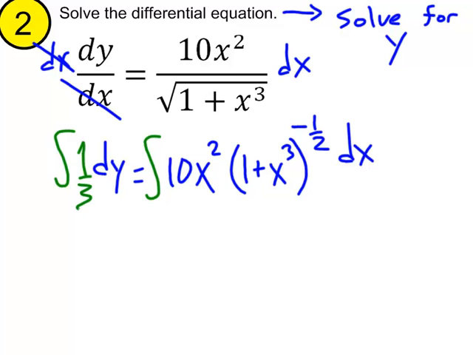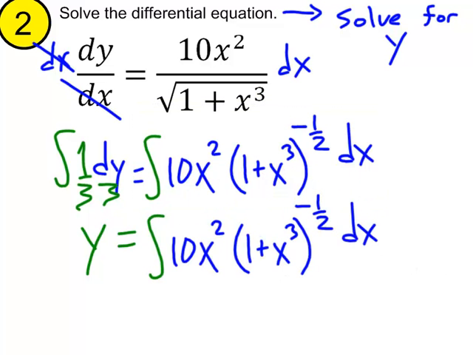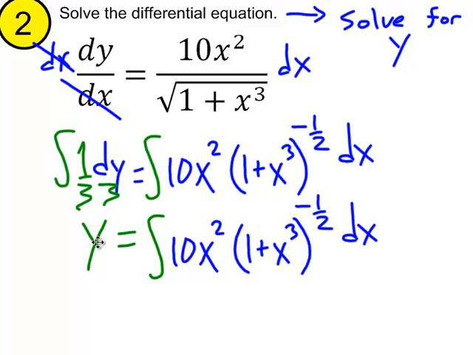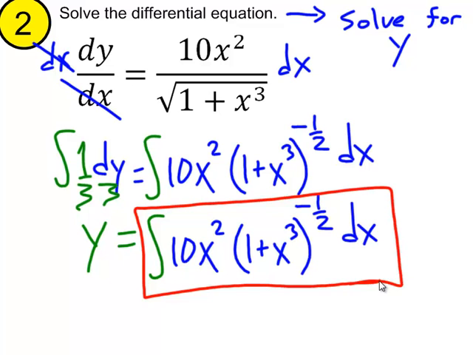Integrating 1 with respect to y gives us y equals this integral here. And so again, if we were tasked with solving for y, and y equals this integral, we see that this request to solve the differential equation is exactly the same request as being asked to find this indefinite integral.